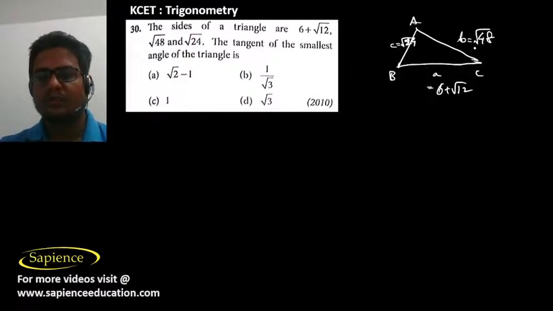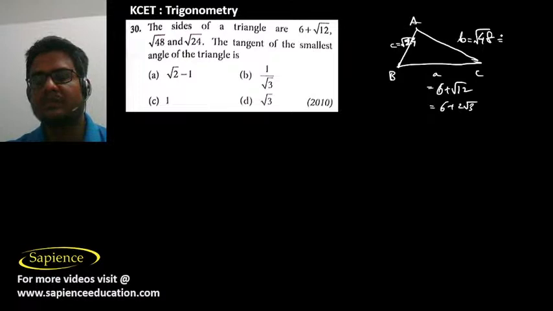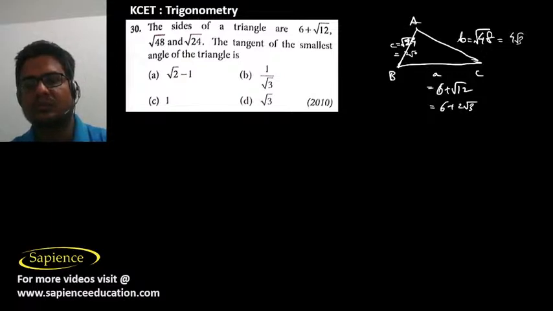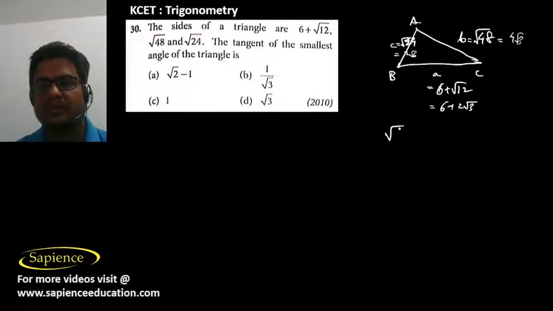So here root over 48, 6 plus root over 12, I can say it is 2 root 3. So square root of 48 is 16 into 3 is 48, so 4 root 3, and root 24, 4 into 6 is 24, that is 2 root 6. So obviously root 48 is greater than root over 24.